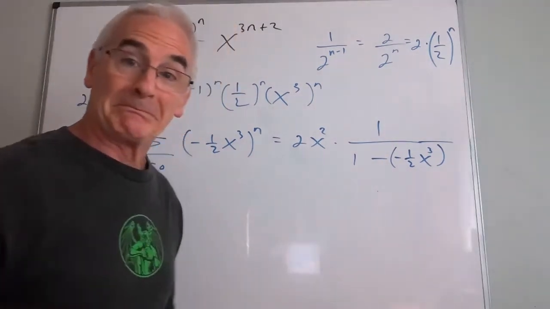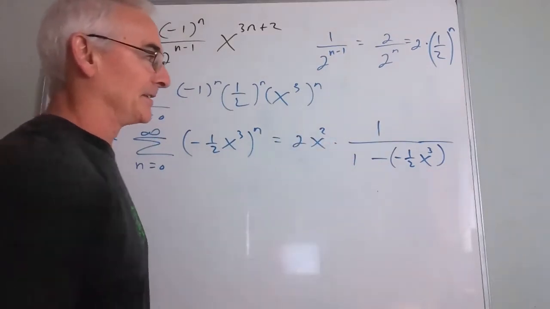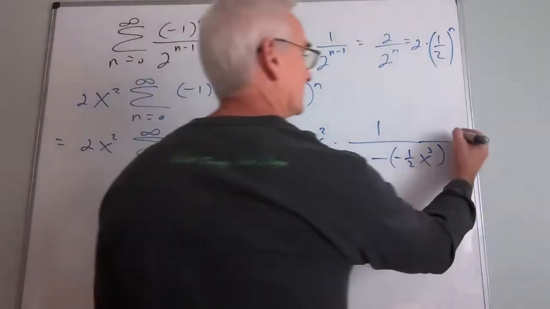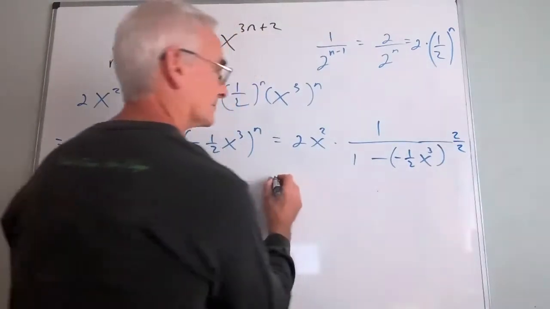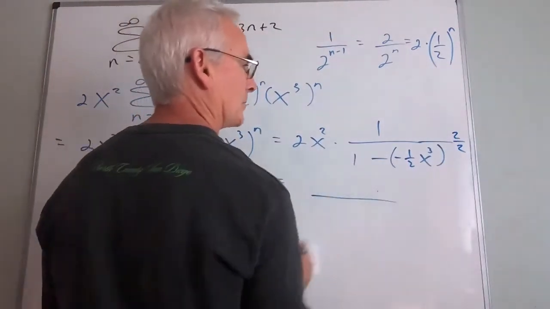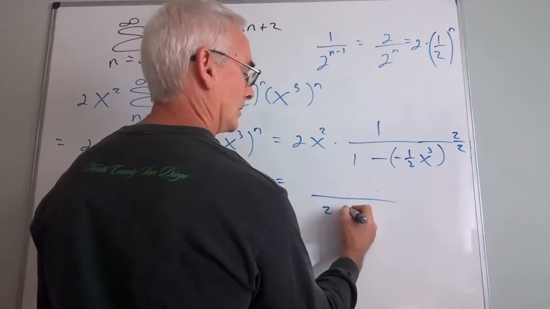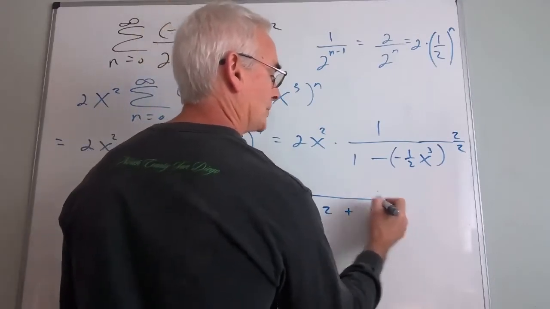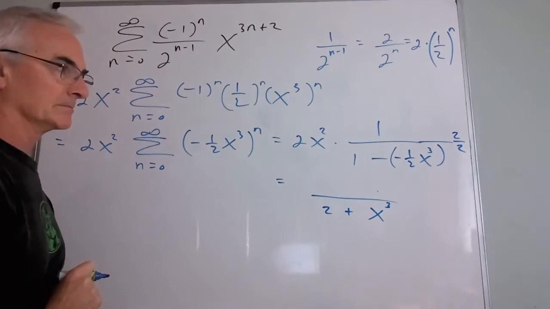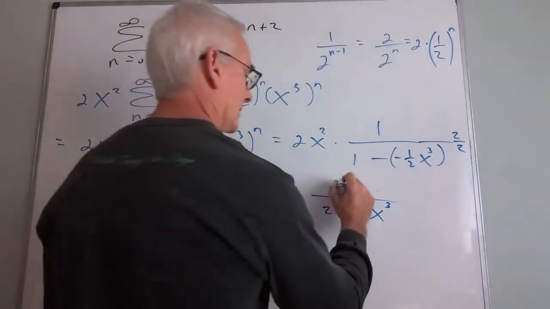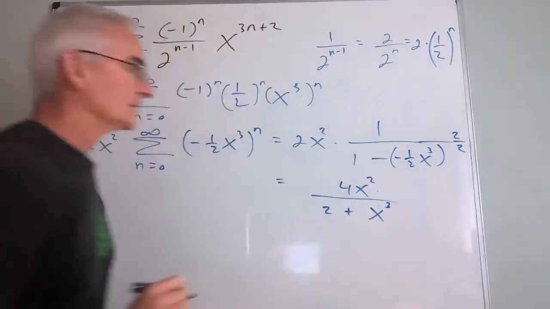Multiply maybe? I mean, I'm not quite done yet. So 2 over 2. Well, what will that give me on the bottom? That gives me 2 plus x cubed. And what will that give me on top? It'll give me 4x squared.